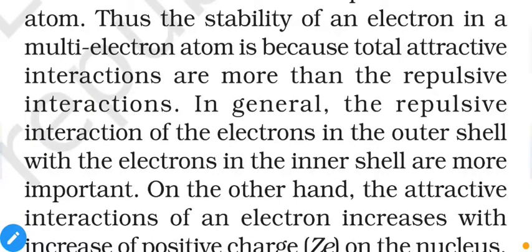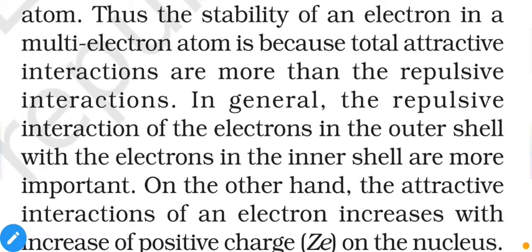Thus the stability of an electron in a multi-electron atom is because total attractive interactions are more than repulsive interactions. In general, the repulsive interactions of the electron in the outer shell with the electrons in the inner shell are more important. That means electrons present in lower principal quantum numbers are more important than electrons present in higher principal quantum numbers.